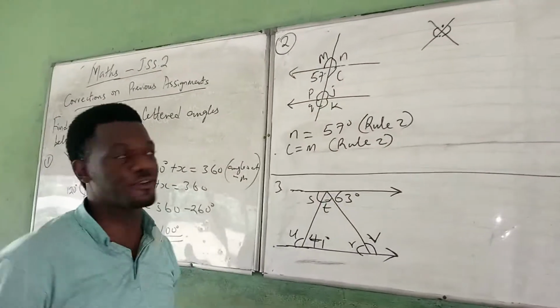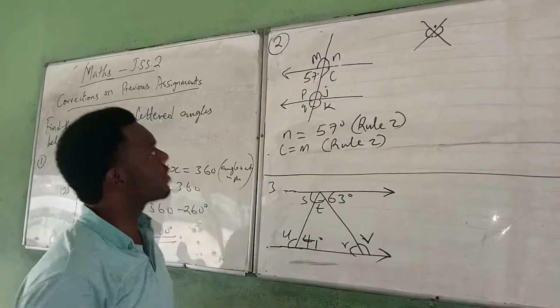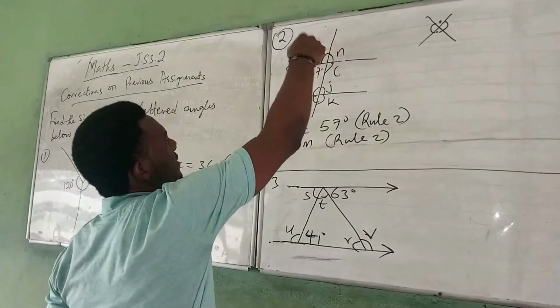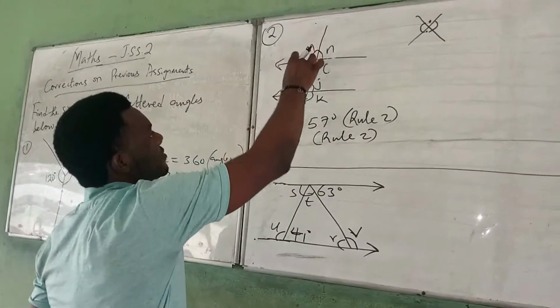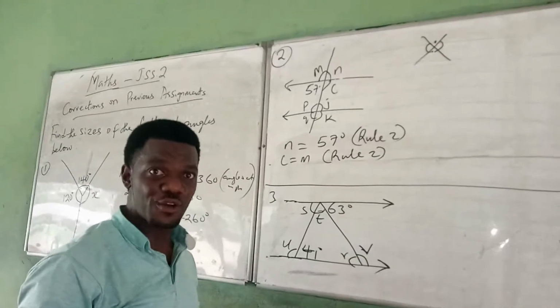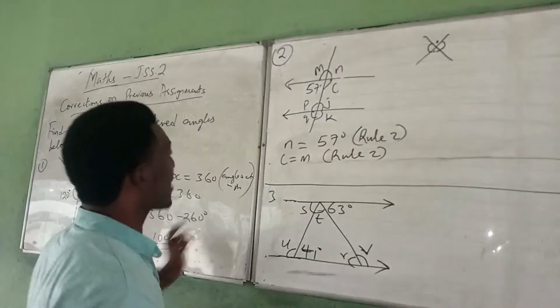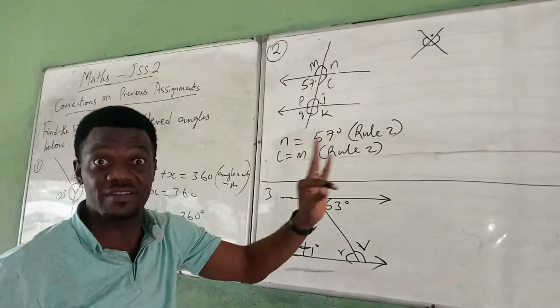But we have to find the figure now. We know that this is 57 already. But then there is a rule that connects this. And that rule that connects the letters M, 57, L, and N is rule 3. Angles at a point. So the whole of these 4 angles is equal to 360, angles at a point.